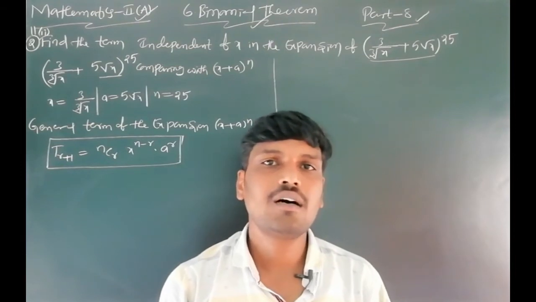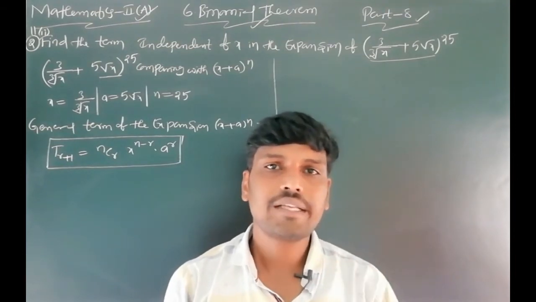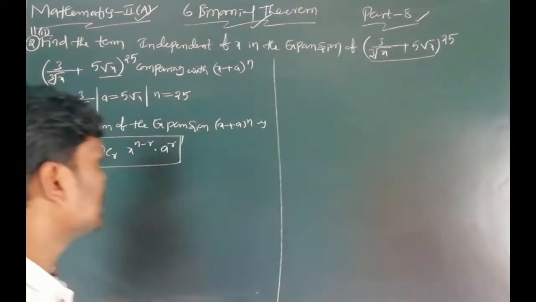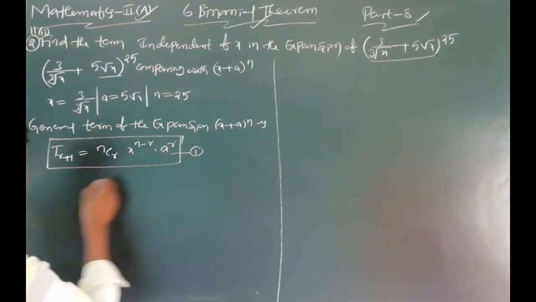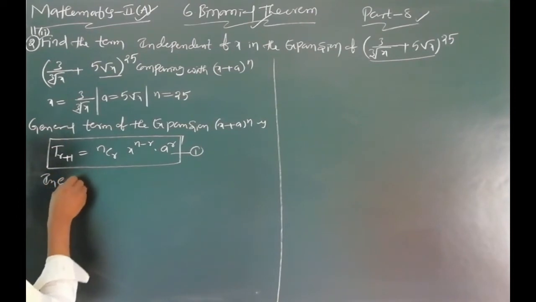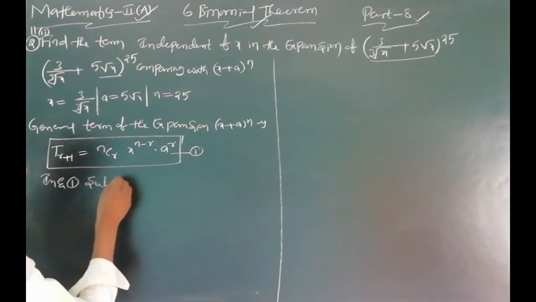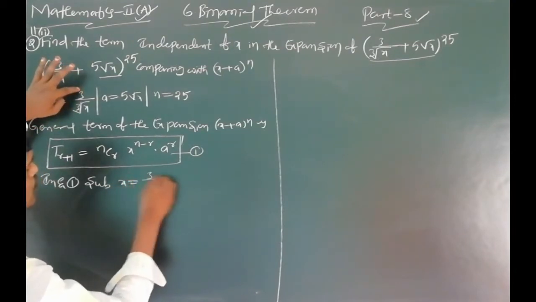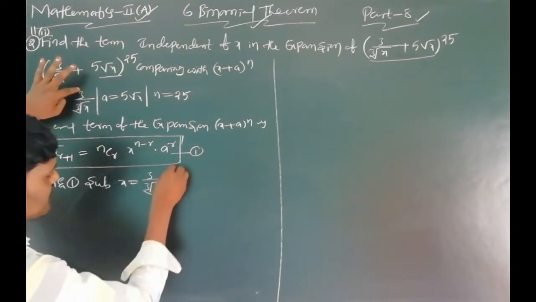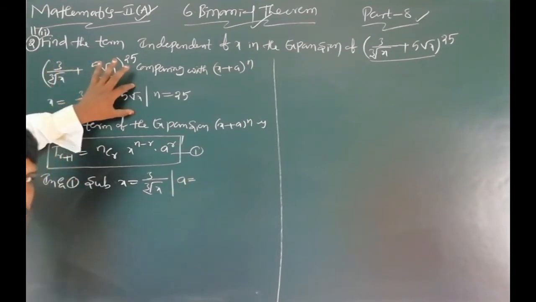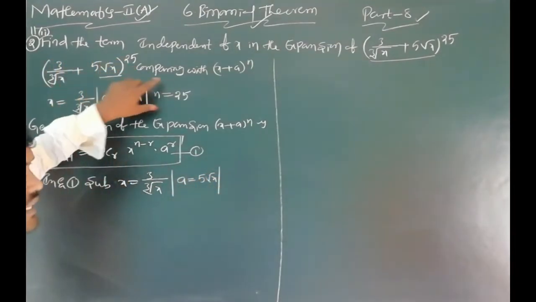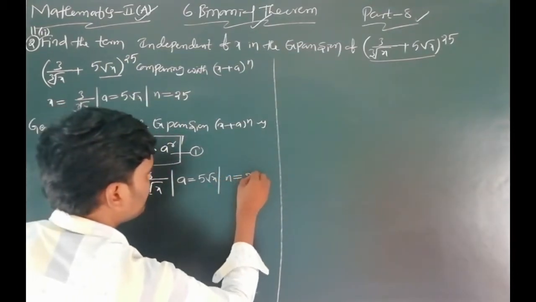In this general term you substitute the x value, a value and n value. Suppose this is equation 1. Substituting x is equal to 3 by cube root of x, a is equal to 5 root x and n is equal to 25.